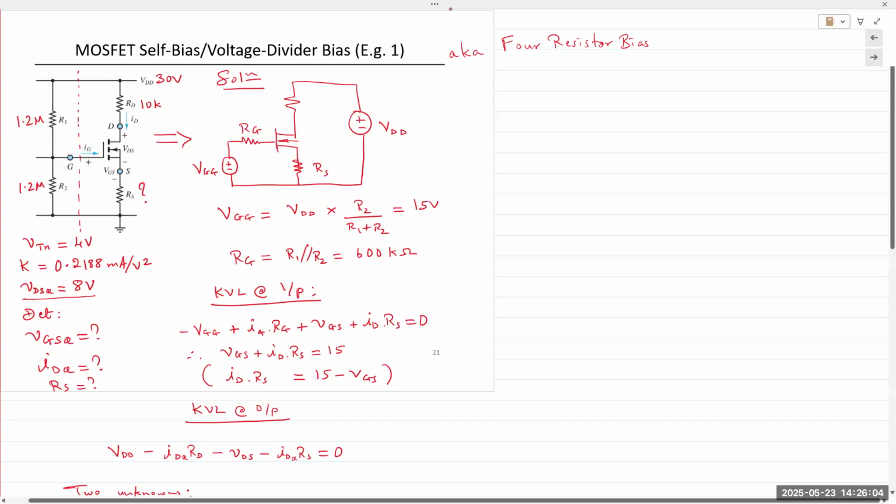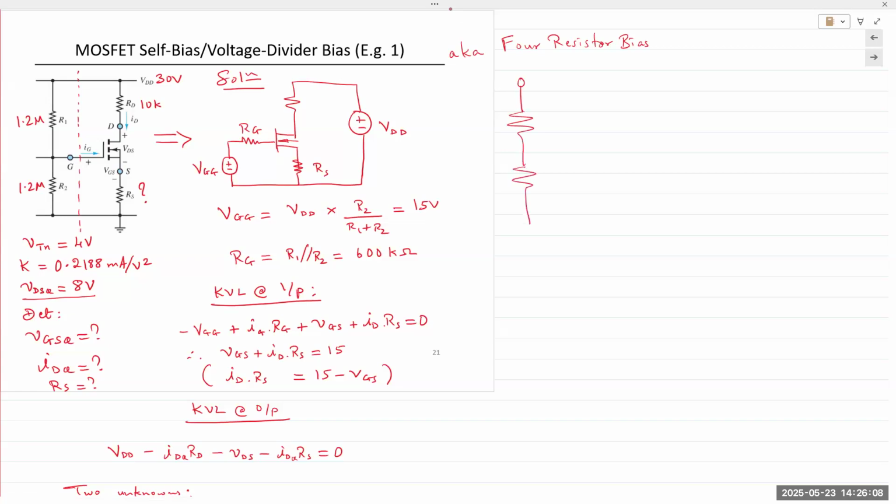First things first, we have the voltage divider network here, applying VDD to it. This goes into the FET and becomes VGG.